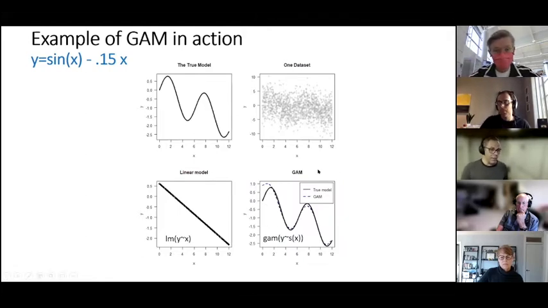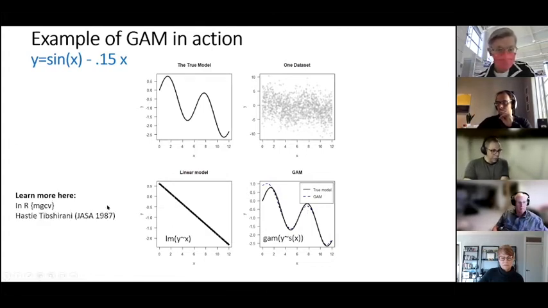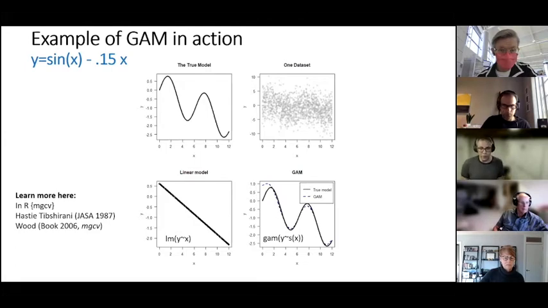And obviously it's not magical, right? So it is fitting data. And at some point you could fit it on little enough data that it wouldn't get it, but it does perform quite well. And you can keep that in the back of your mind. If you're interested, I won't talk about it here, I don't have time. But in R, this is the package. The original work, as I was mentioning, is from the late 80s. And there's this textbook by Wood, who's also the creator of the package.